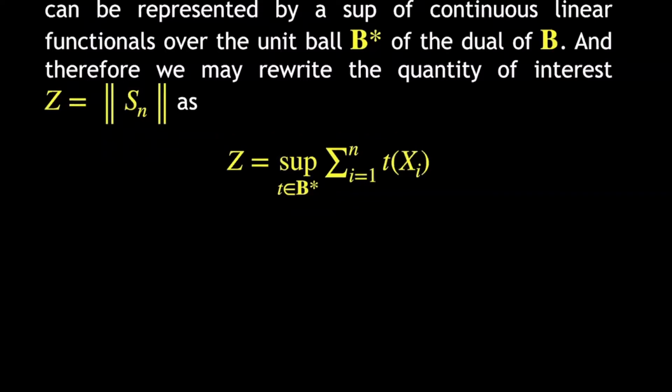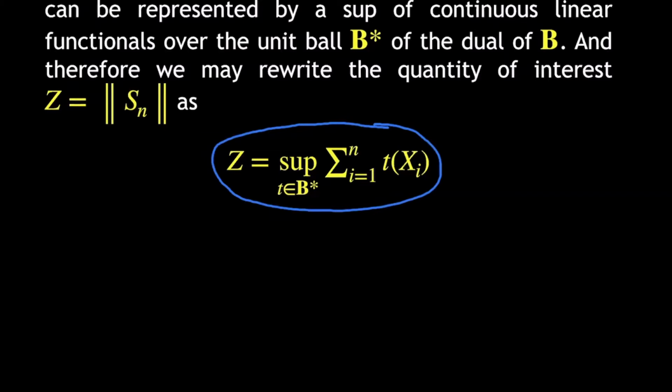If you want to look at it as a function of random variables, where you will see the link with real-valued random variables, this is easy. You just have to interpret the norm as the supremum over the unit ball of the dual of the Banach space of linear forms. So the norm of the sum, you simply write that it is the supremum over the unit ball of the dual of the Banach space of the sum of real-valued random variables, which are simply the quantities T of xi here.